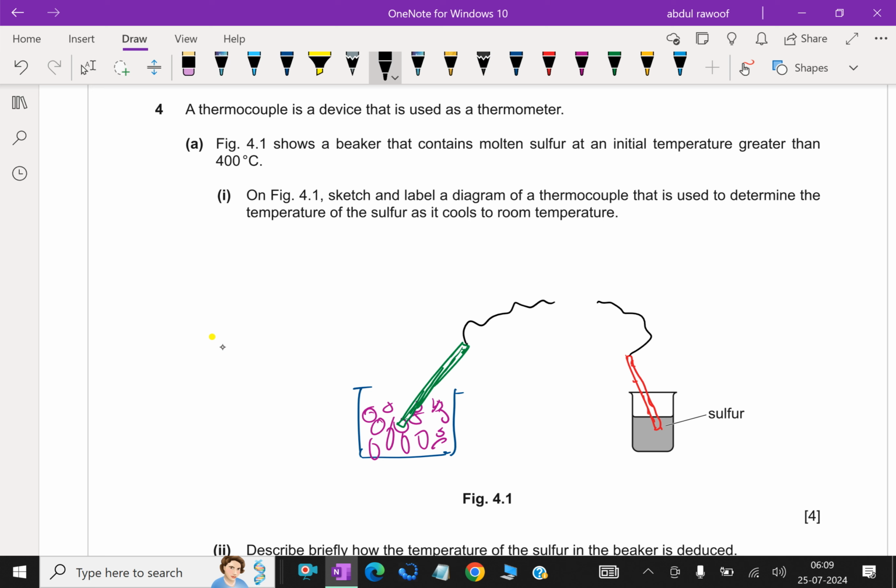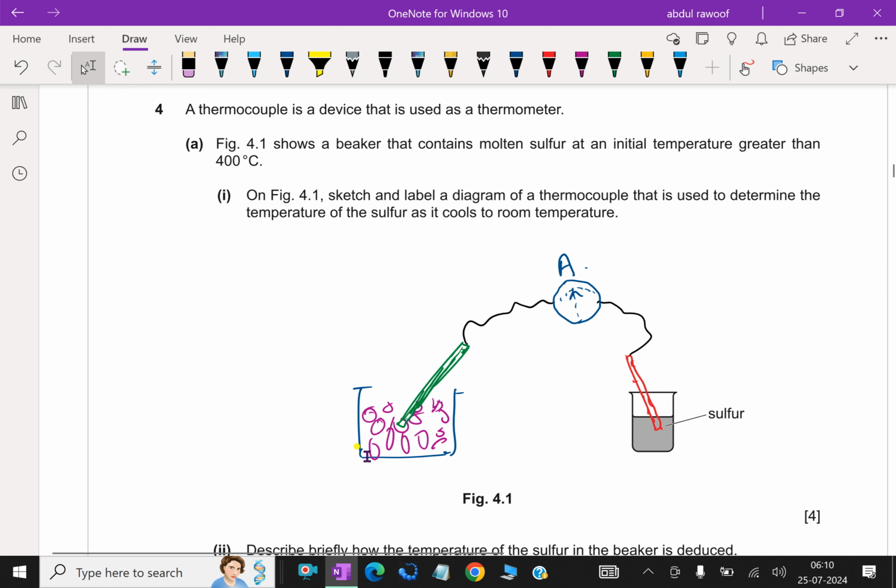In that, a thermometer is connected, and here this is an ammeter.